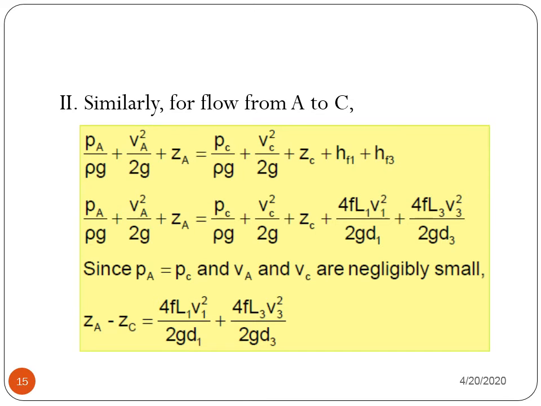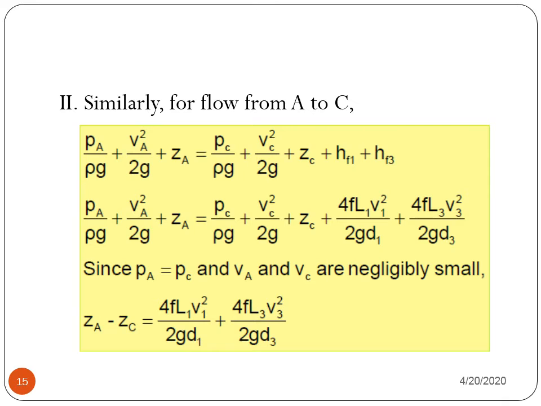For the second energy equation, we will do the energy equation flow from point A to point C. Repeat the same steps as previous. Okay, we will have the energy equation.